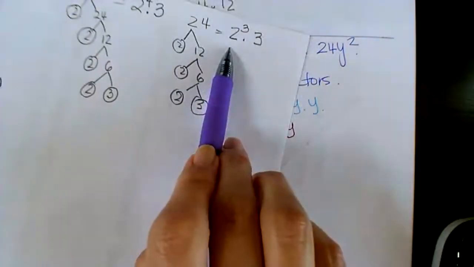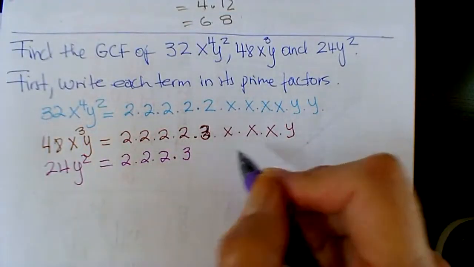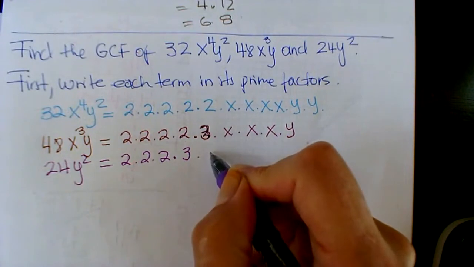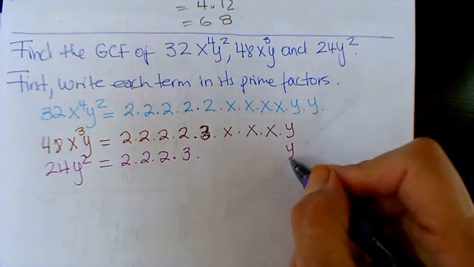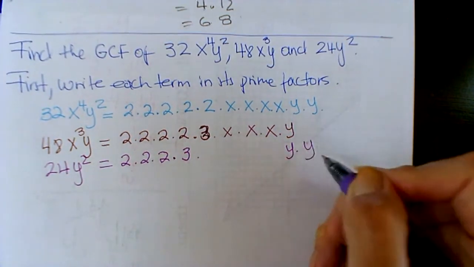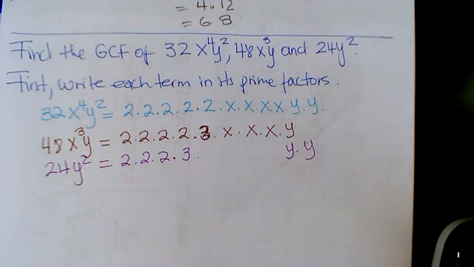That's what it was. 2 to the third times 3. And what do we have? I will write the y here. 1y and 2 y's. Okay, so now let's find the greatest common factor.